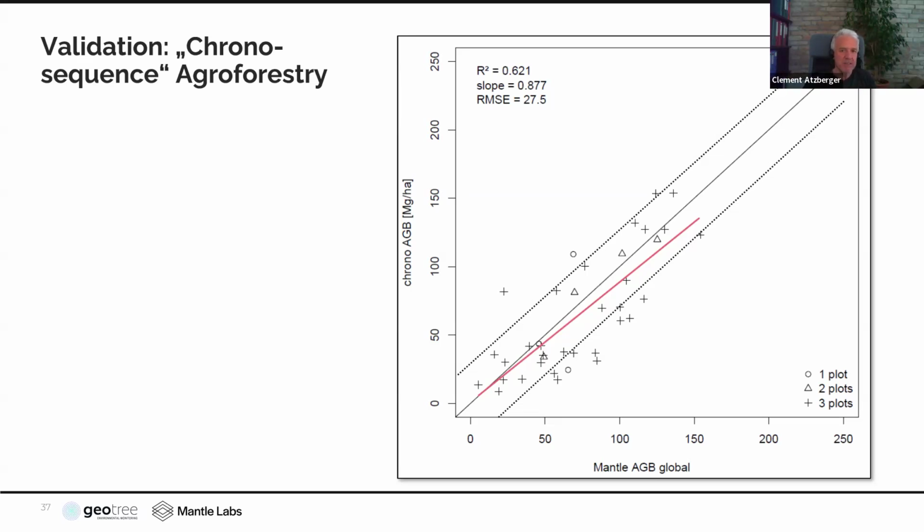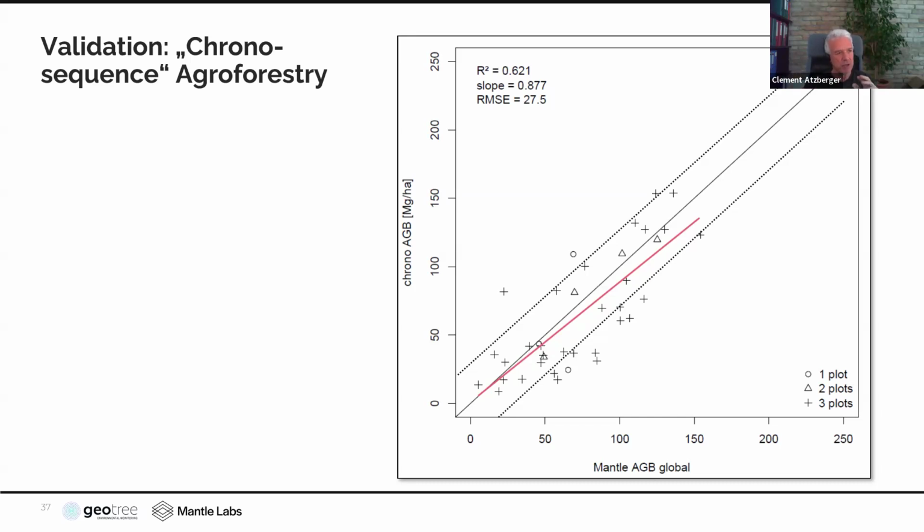The problem is that the GPS devices they used were not precise enough to give us exactly the location of these 30 by 30 meter plots. Sometimes they had one plot, sometimes two, sometimes three plots per farm.